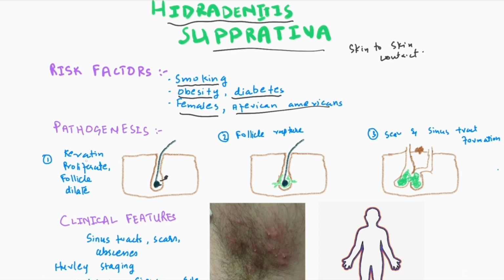Now what happens first is that there is keratin proliferation. In the skin the keratin proliferates, and the reason for this proliferation is just the risk factors. Just remember, anyone with these risk factors, like smoking, obesity, diabetes, and female African Americans, those people are usually at risk. There is also genetic predisposition.